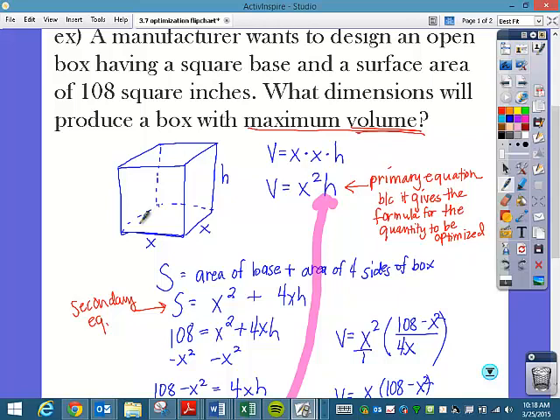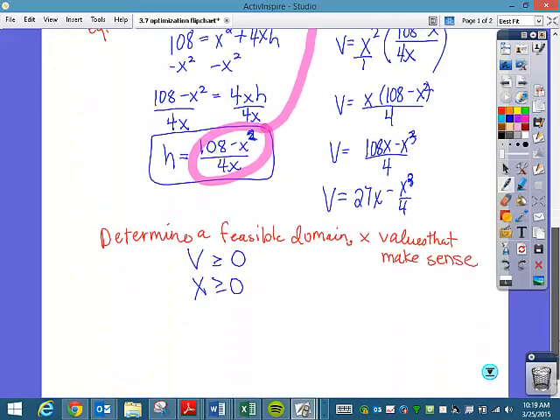So wouldn't you agree then that it would make sense to say, well, then I know for sure that the area of just the base has to be less than my total surface area. So I can say the area of the base of our box has to be less than 108, because I still have to add in the 4 sides to the area of the base to get the total surface area.